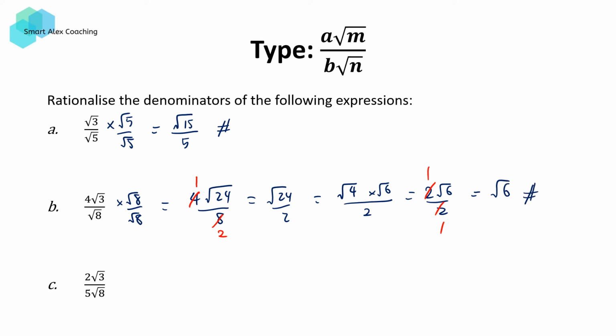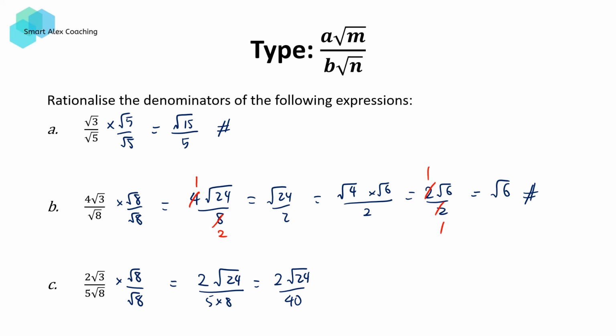For question C, we've got 2 root 3 over 5 root 8. We don't need to multiply the bottom by 5 root 8. All we need to multiply is top and bottom by root 8. Once again, we get 2 root 24 on the top. On the bottom, we get 5 times 8, which is going to give us 2 root 24 over 40.